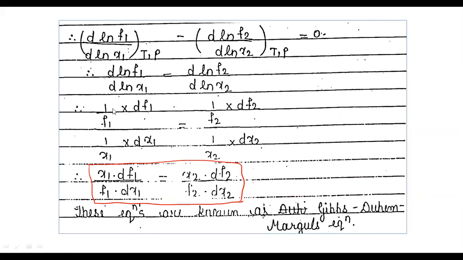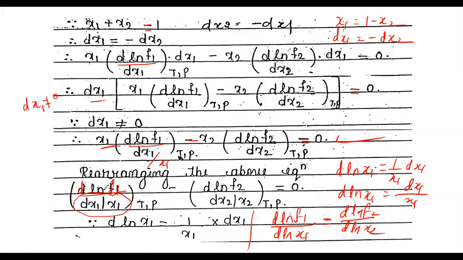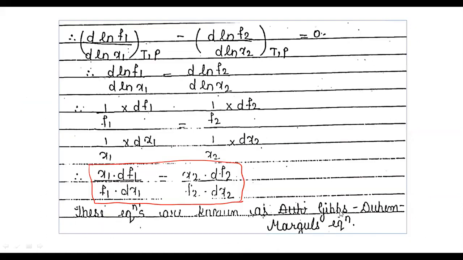You can see we have written this equation: the derivative of ln f1 upon the derivative of ln x1 is equal to the derivative of ln f2 upon the derivative of ln x2.